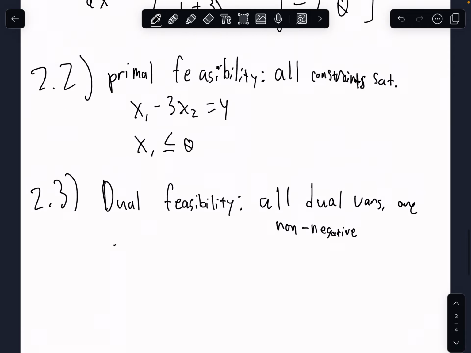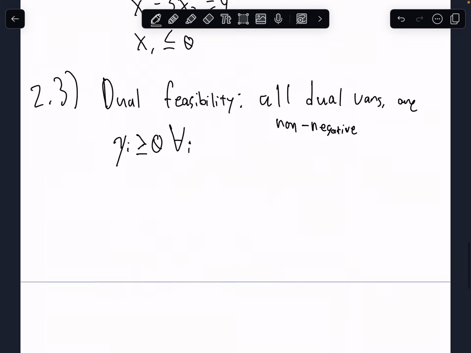So we have gamma_i is greater than or equal to 0 for all i. I believe this is how we write this.